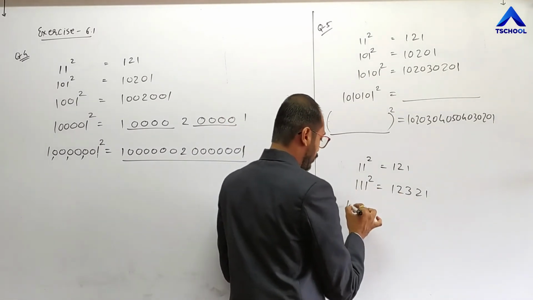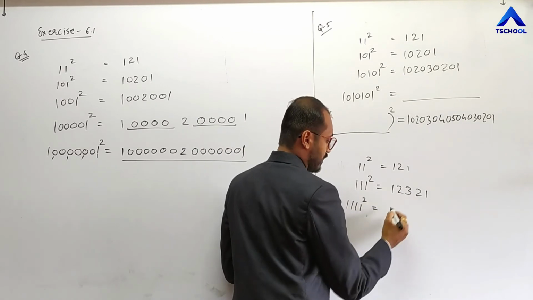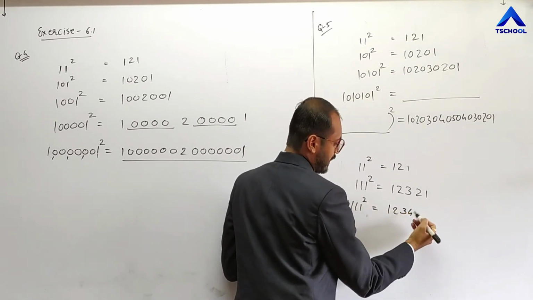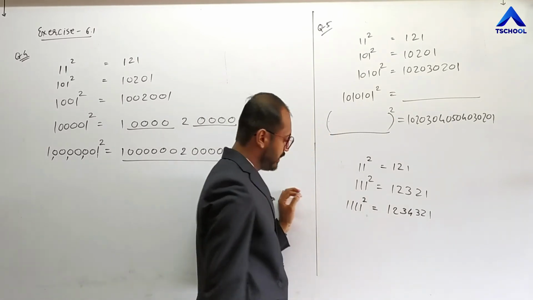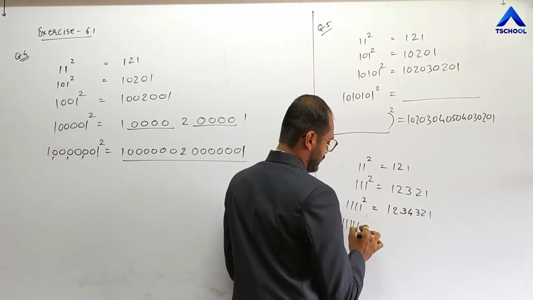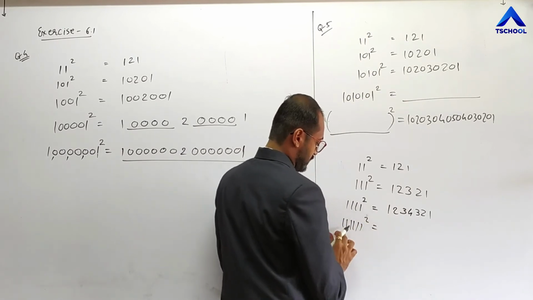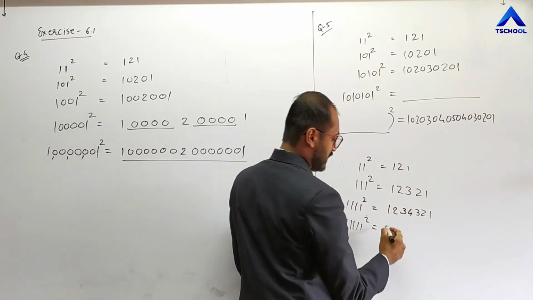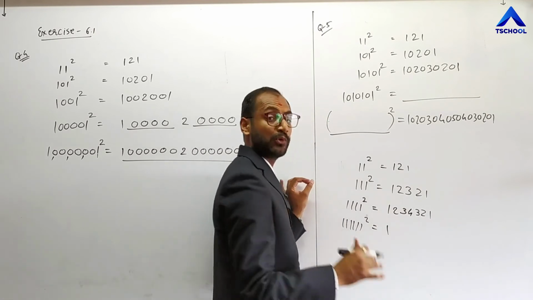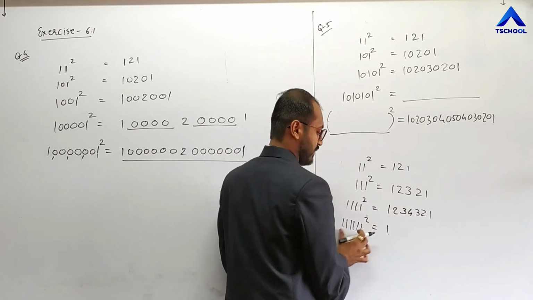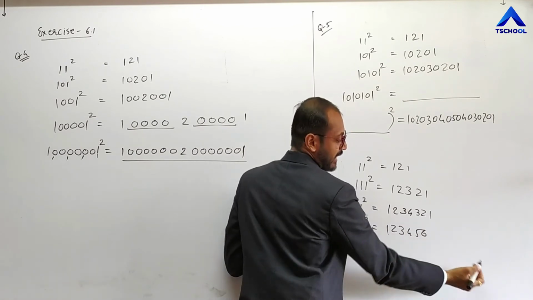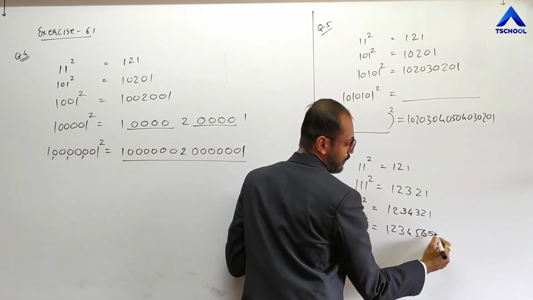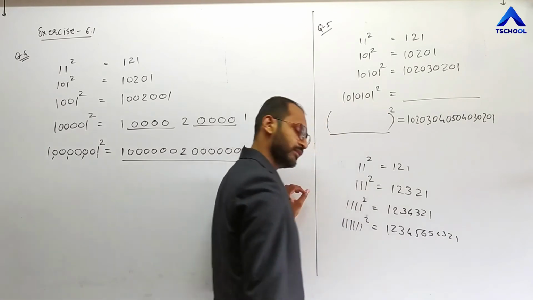Again 4 ones square gives 1 2 3 4, descending order 3 2 1. If there are 6 ones squared, this pattern is ascending order up to 6 because here there are 6 ones. So 1 2 3 4 5 6. Again descending order 6 5 4 3 2 1.